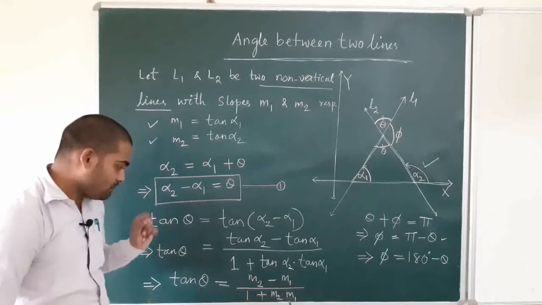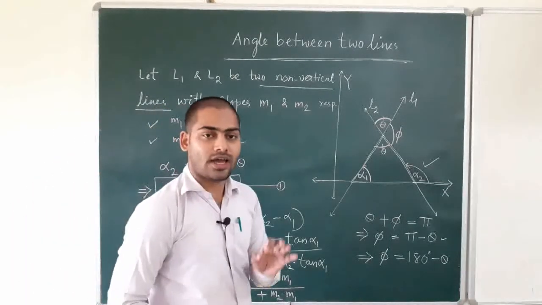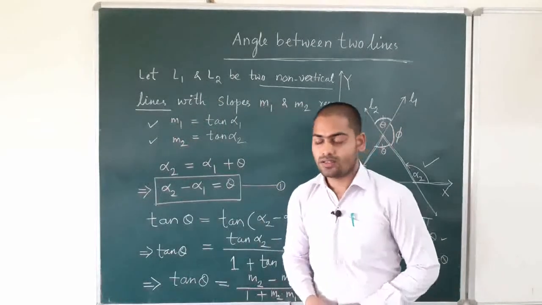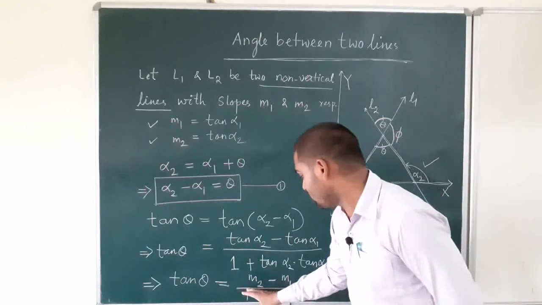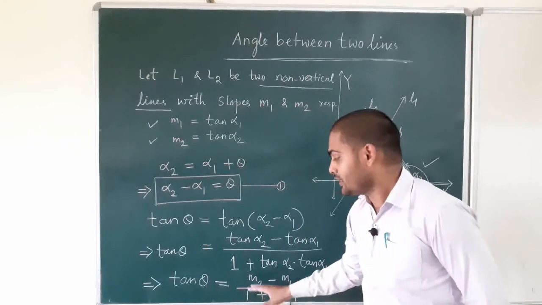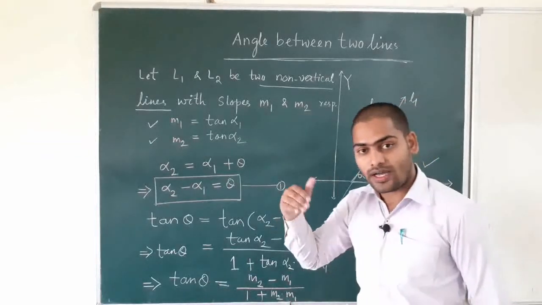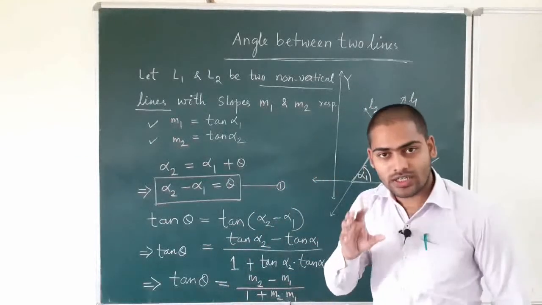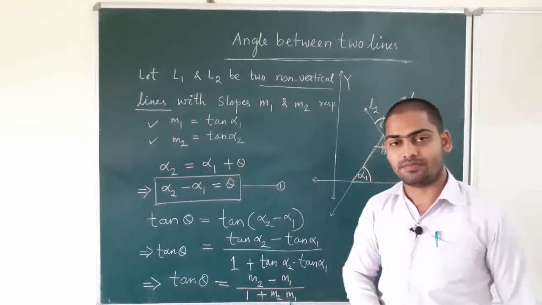If the angle theta is an acute angle, then this value will be positive. If the angle theta is an obtuse angle, then this value is negative.